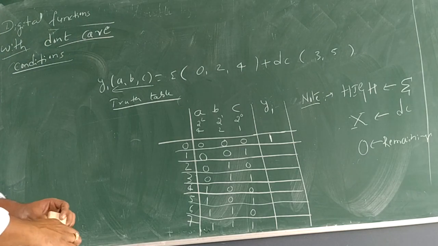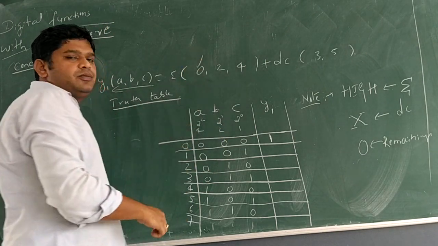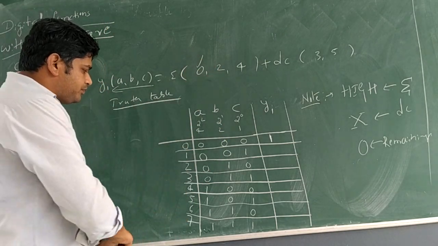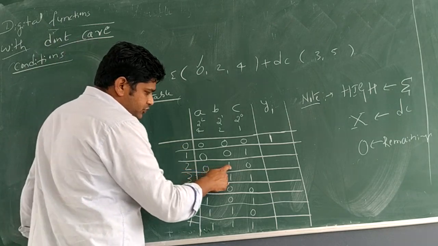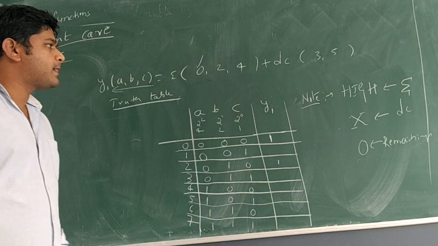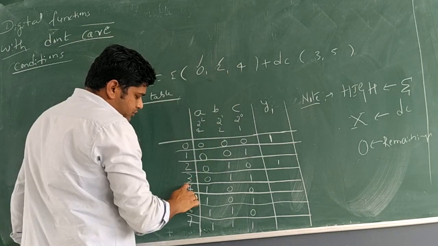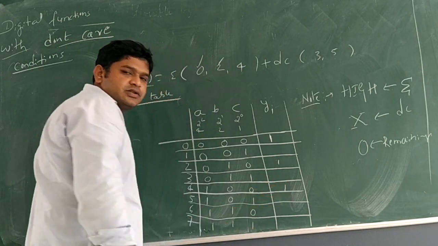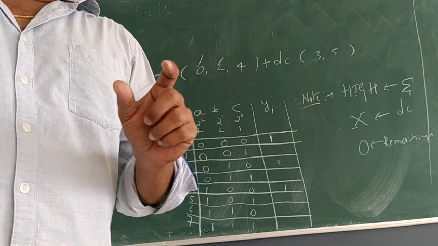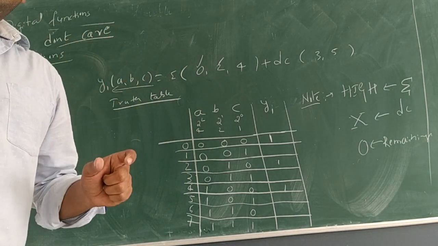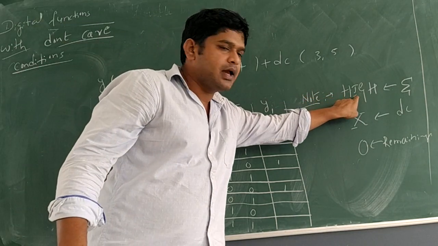Now, what is the next symbol? We finished 0. Then let's take 2. So here is a 2, so write that as 1. So next symbol 4. So here we will get it as 1. So elements given in the summation set will be filled with 1.